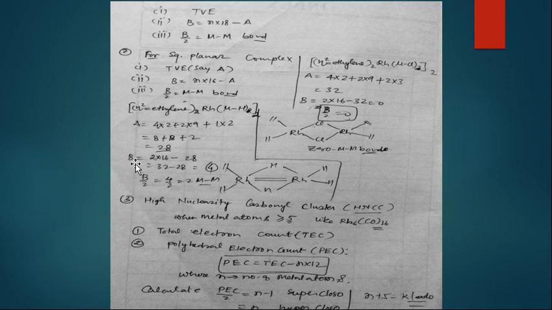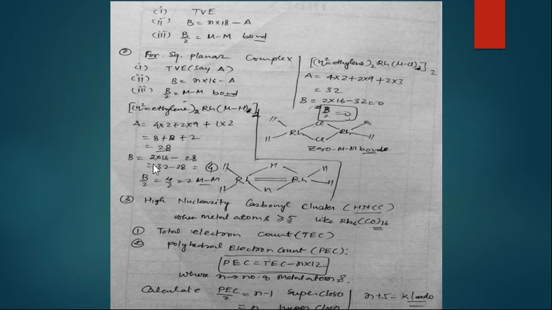And how do we calculate B? For square planar complexes, B is N, where the number of metals is 2.